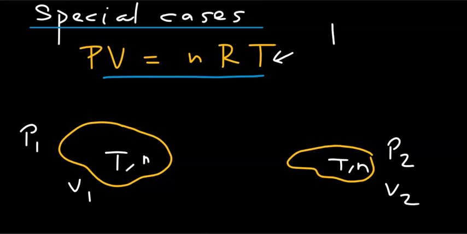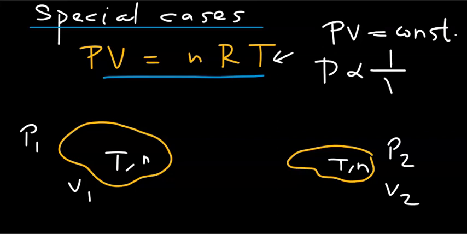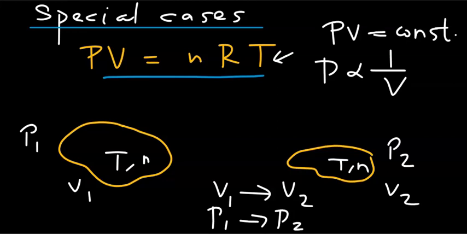So that means the product PV has to be a constant, or we say the pressure is inversely proportional to the volume. So if we decrease the volume, say from V1 to V2, the pressure will go up from P1 to P2. So as the volume goes down, the pressure goes up. This is known as Boyle's law.